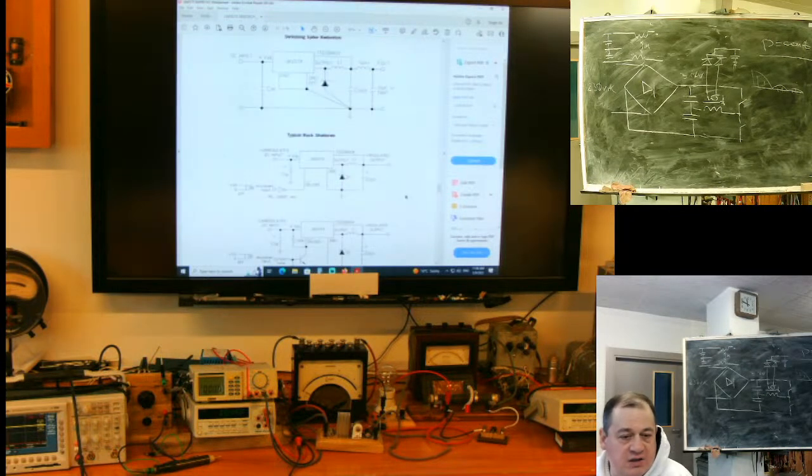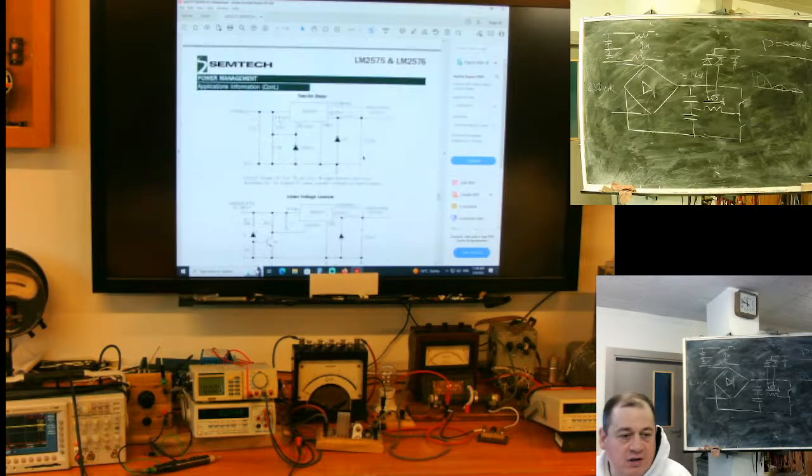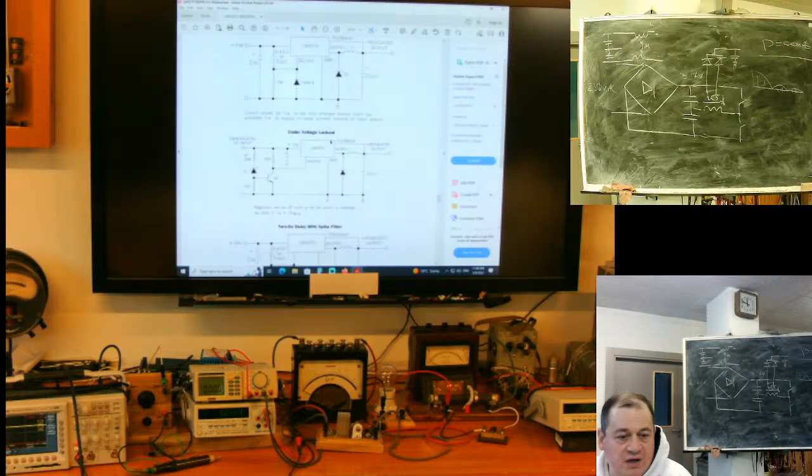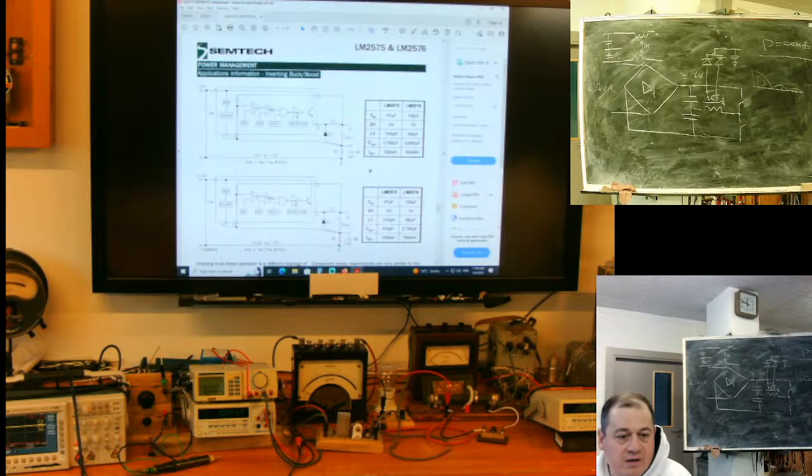Noise reduction, typical shutdown, it's not so complex. Version with delay. This schematic is a voltage inverter.